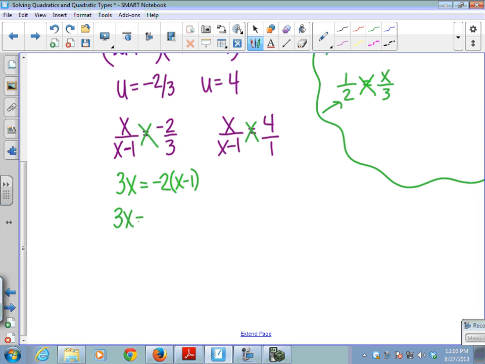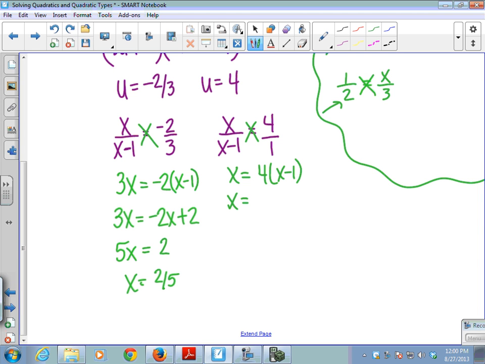So 3x is going to equal negative 2x plus 2. If I add the 2x over, I'll have 5x, so 5x equals 2. And so then x is going to equal 2/5. Alright, for the next one, when I cross multiply, 1 times x is just going to give me x, and then I'll have 4 times x minus 1.